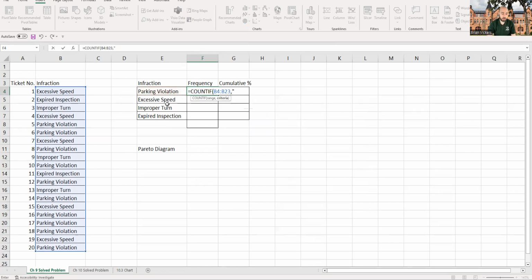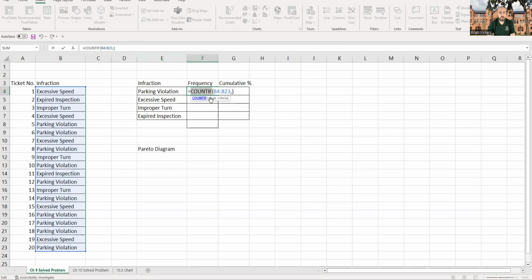So I would have to type it like this, "parking violation," and that'll work. But if I accidentally misspell one, it won't find it. So that's why clicking the cell is probably the way to go, because if I misspell it, it just will not count it.